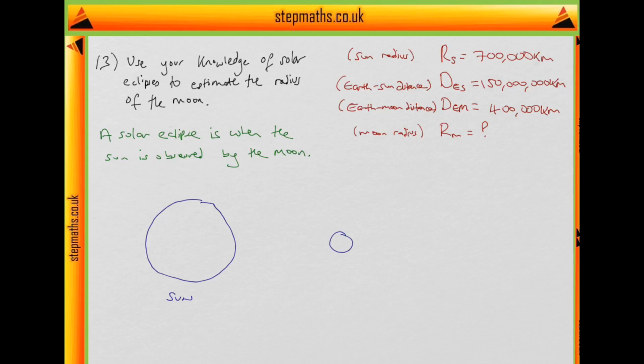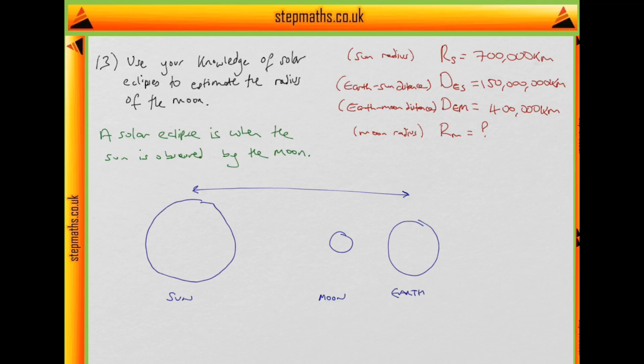This is not to scale, by the way. And then the Earth. Now let's mark on what we know. The distance from the Sun to the Earth is, as we know, 150 million kilometers.